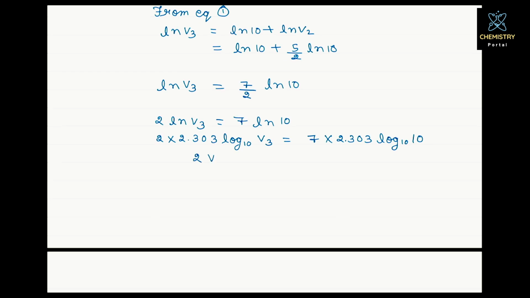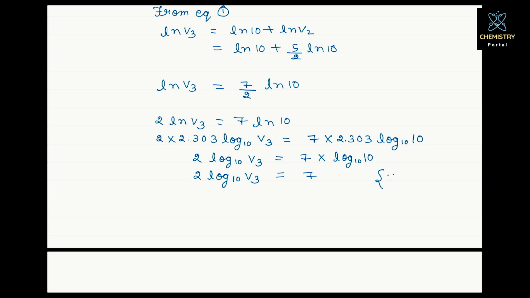So 2 log base 10 V3 will be equal to 7 into log 10, and log base 10 of 10 is 1, so it becomes 7. So 2 log base 10 V3 is equal to 7.